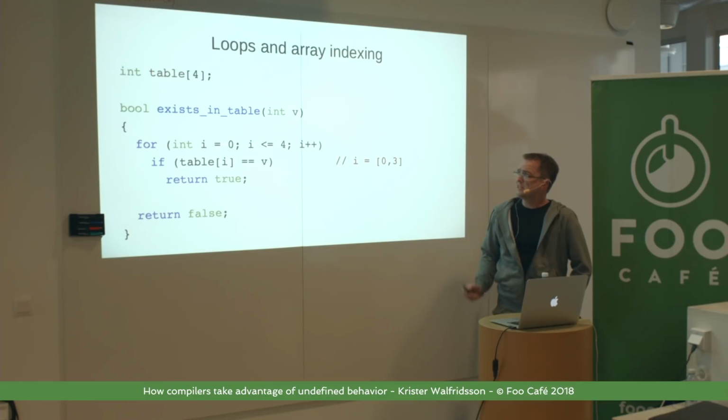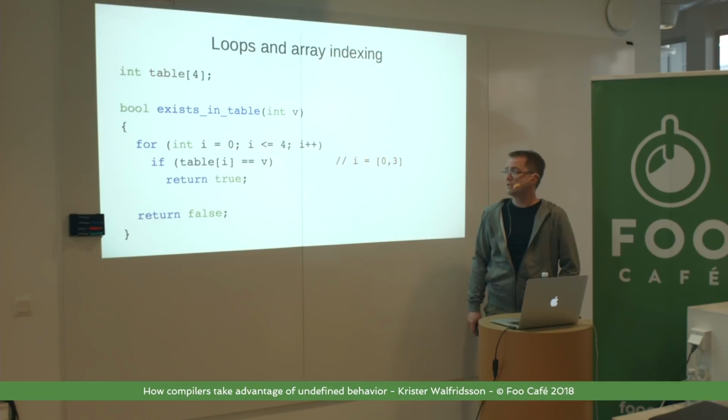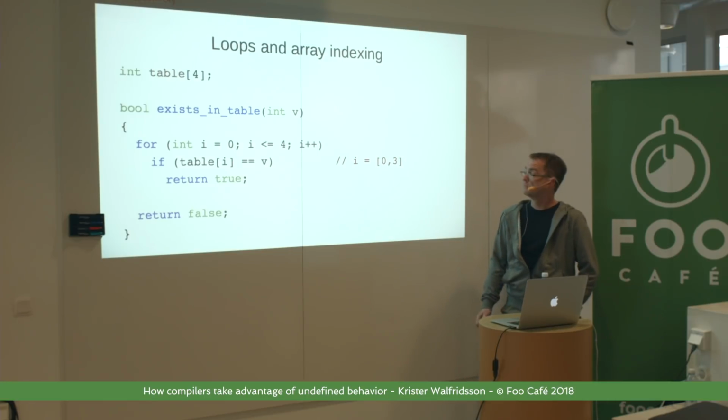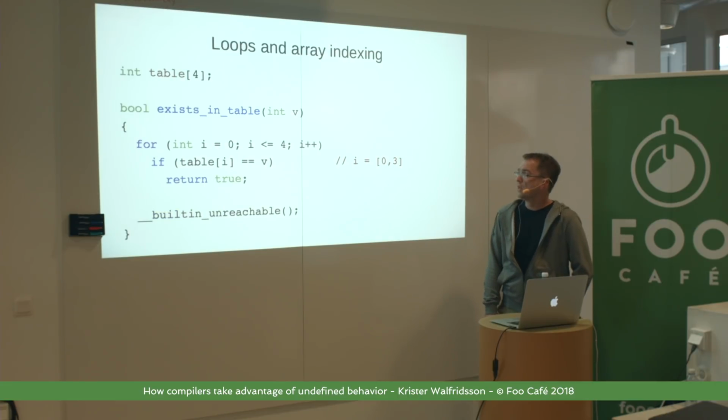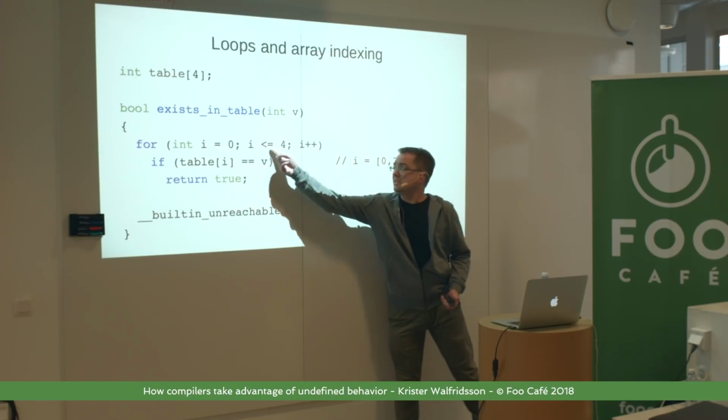So the compiler sees that the table only has 4 elements. And here we use I, so it knows that I must be in the range 0 to 3. So this is unreachable, because this only happens after I is 4. That also means that this is always true.